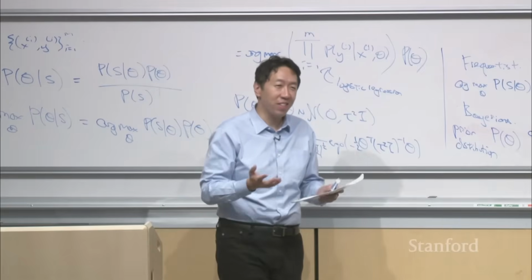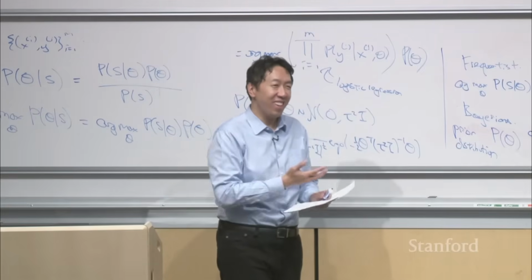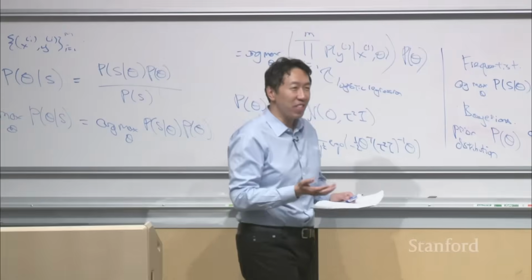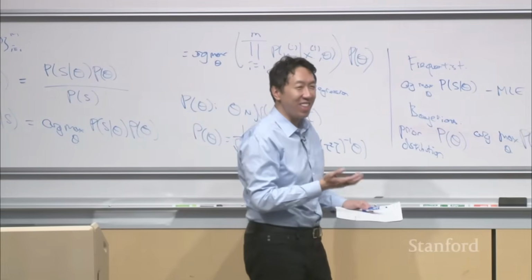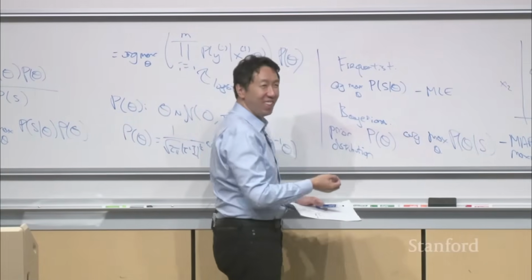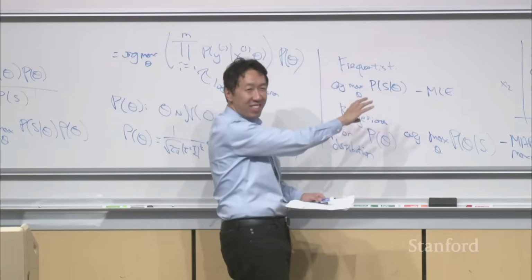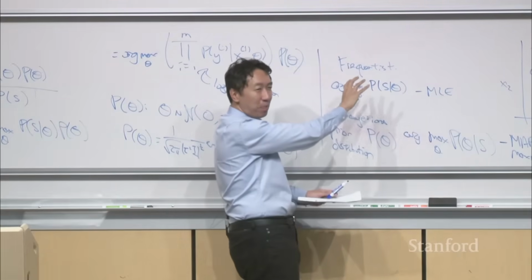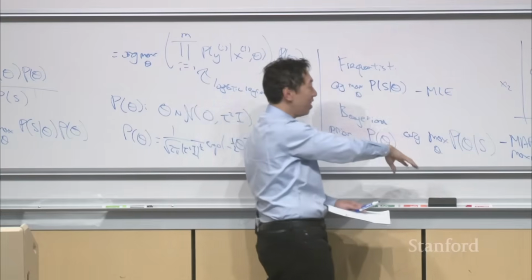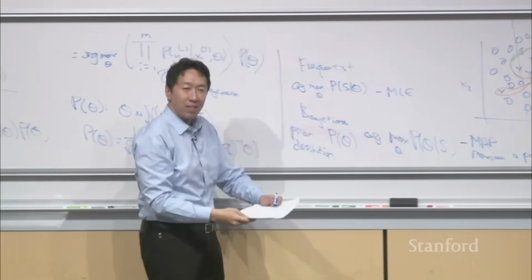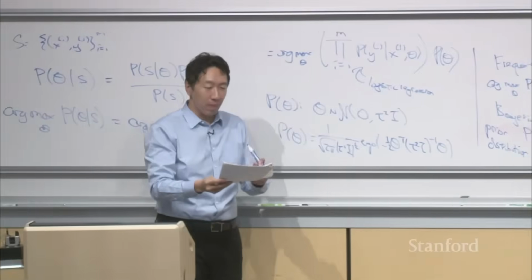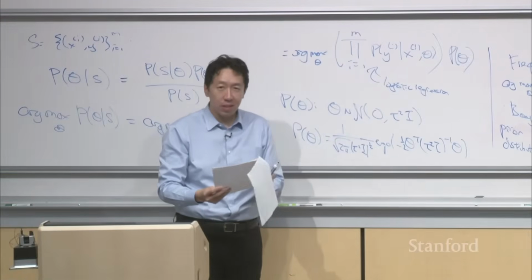As a machine learning person, as an engineer, I think the philosophical debates are lovely, but I just like my stuff to work. So frequentists can also implement regularization. It's just that they say this is part of the algorithm they invented rather than derived from a Bayesian prior. All right, cool.